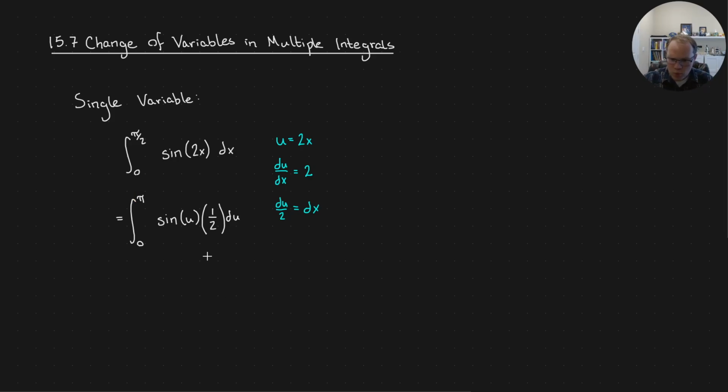Now, where did this factor of 1/2 come from? Why is it there? It helps to understand this geometrically, and that's what I want to do. Let's graph our original function, and then let's graph our new function and compare and see why we need that extra factor of 1/2 in there.